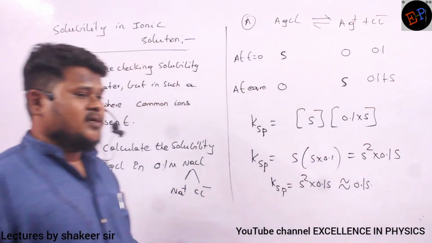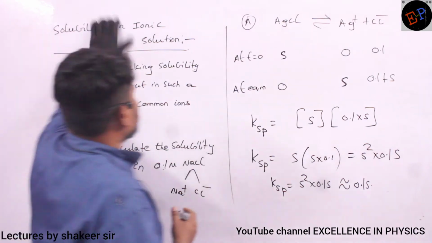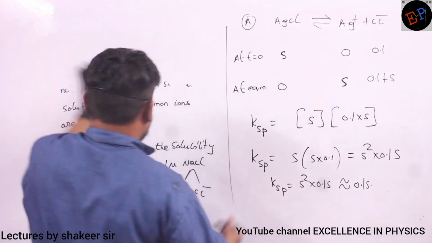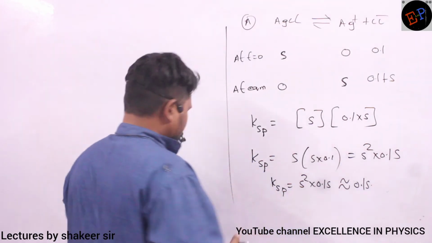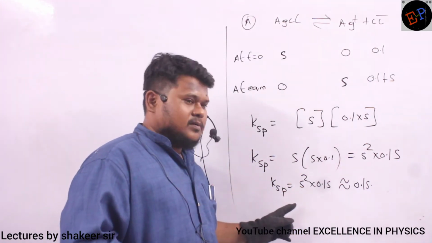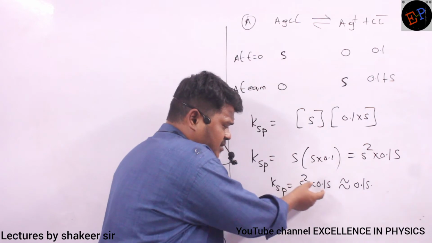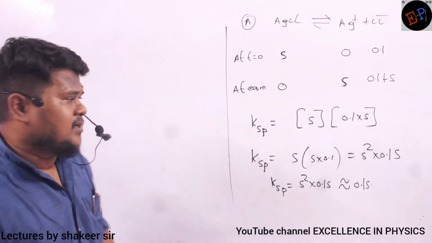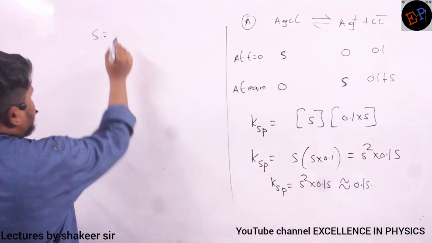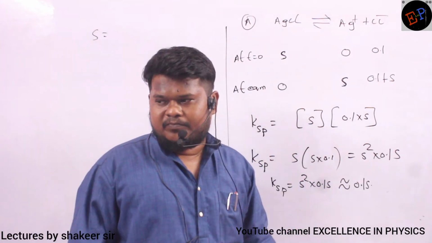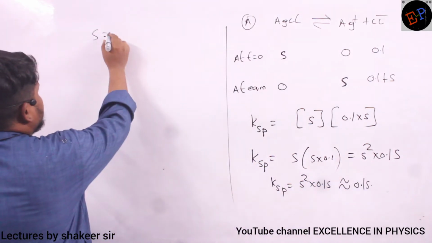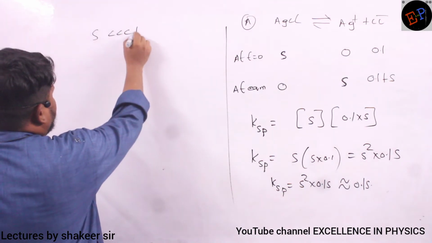Can you say what is the reason? Try to say the reason for this. Because the S value is basically very small. What is S? S is the small amount of salt present in 1 liter of solution, so the S value is much less than 1.